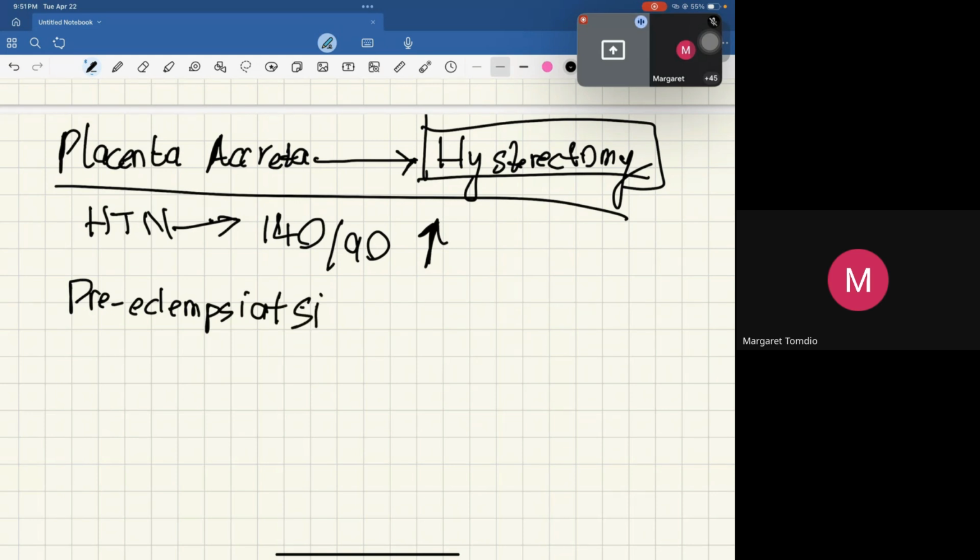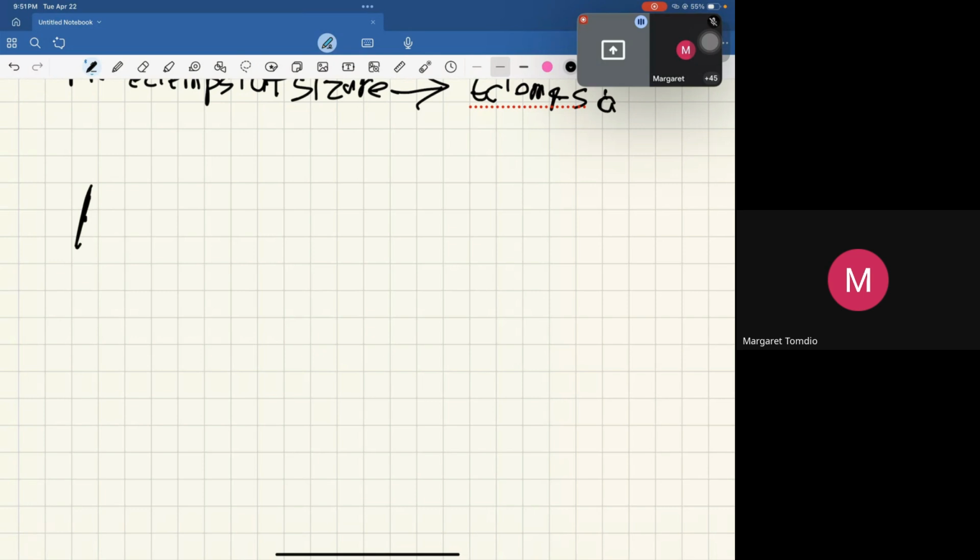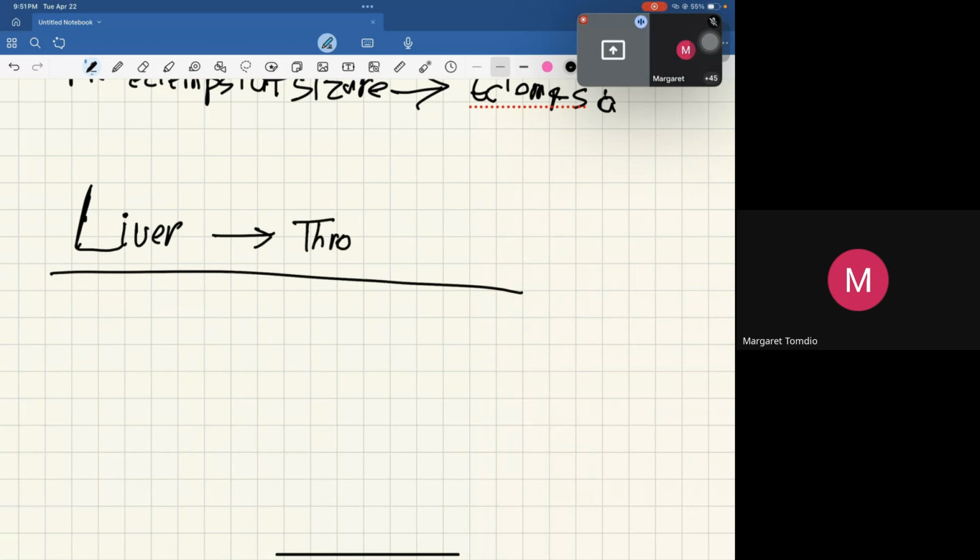And there is another condition which is termed HELLP syndrome. What happens in HELLP syndrome is that the blood vessels of the liver are blocked due to thrombi formation. The thrombus leads to the blockage of the blood vessels in the liver, and then there is hemolysis.